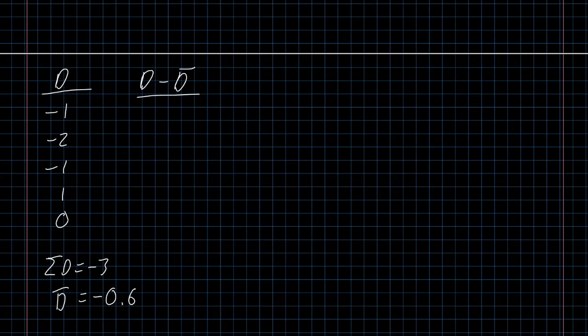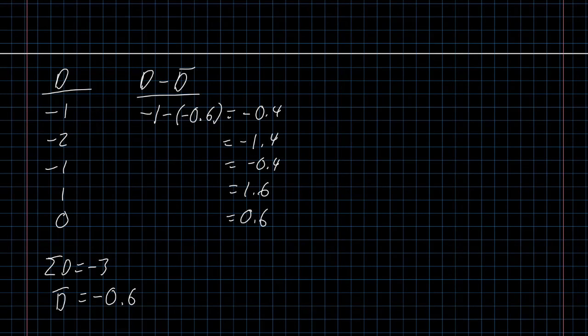Negative 1 minus negative 0.6 is negative 1 plus 0.6, which is negative 0.4. Then we get negative 1.4, we get negative 0.4 again, we get positive 1.6, and we get positive 0.6.